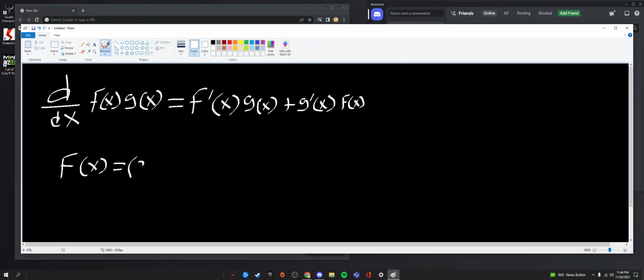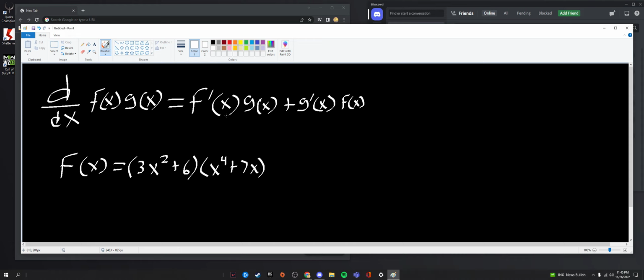So let's say 3x squared plus 6 multiplied by x to the fourth plus 7x. If we were to apply the product rule here, of course, we could just multiply all of them out, FOIL it out, 3x squared times x to the fourth and whatnot, but this is about the product rule, so we're going to be using that.